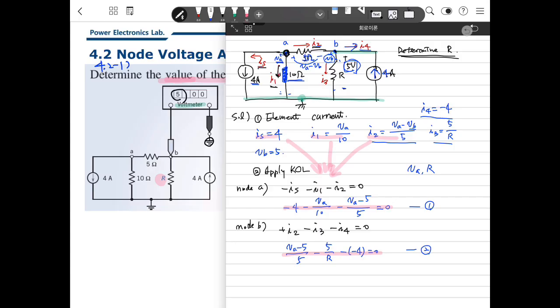So from here, multiplying through by 10, we get minus 40 minus VA minus 2VA plus 10 is 0. So minus 3VA is 30.